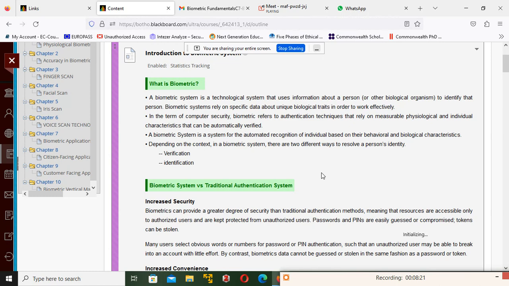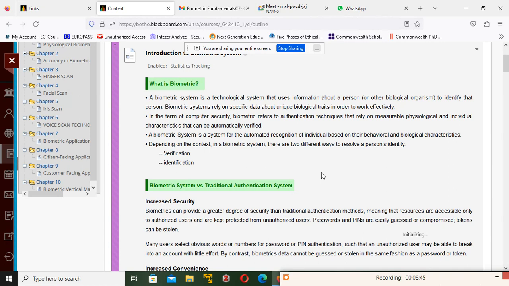The reason why it has become important to study biometrics is mainly because of security. For example, right now, when you are logging into your email or into your computer, you need a PIN, a password, a token, or some form of authentication.